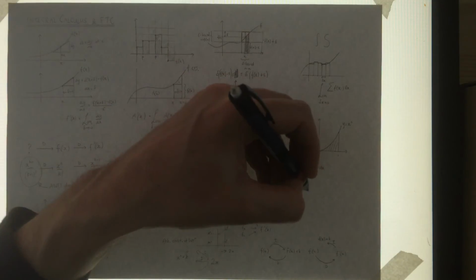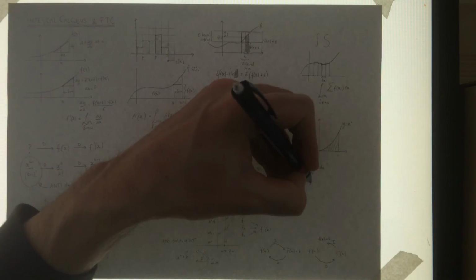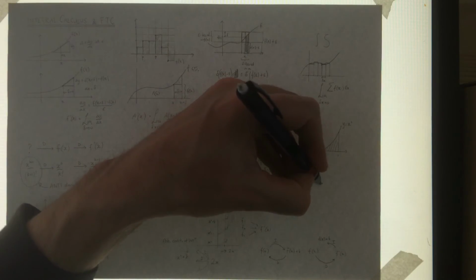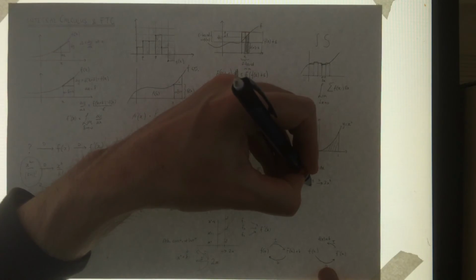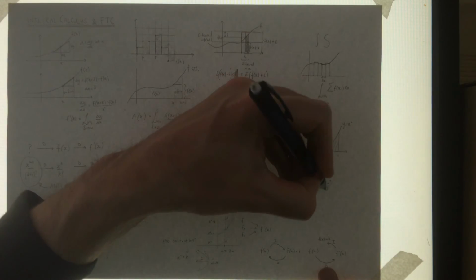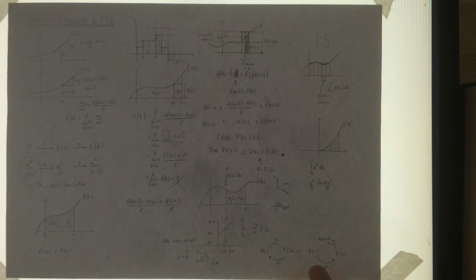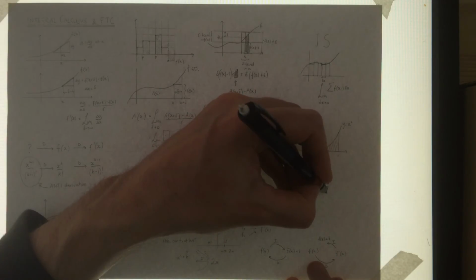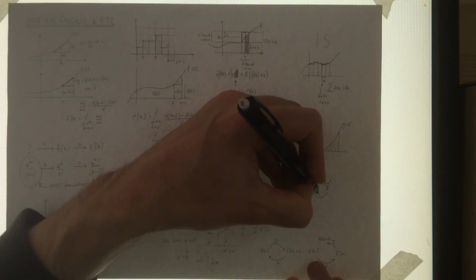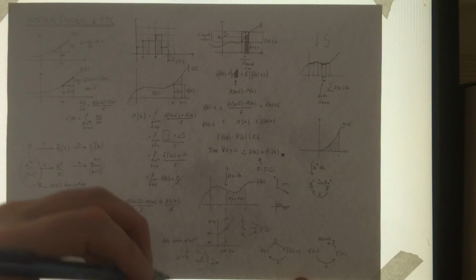Well, x cubed differentiates to 3x squared. So therefore x cubed over 3 is going to differentiate to x squared. Therefore x squared is going to integrate to x cubed over 3.